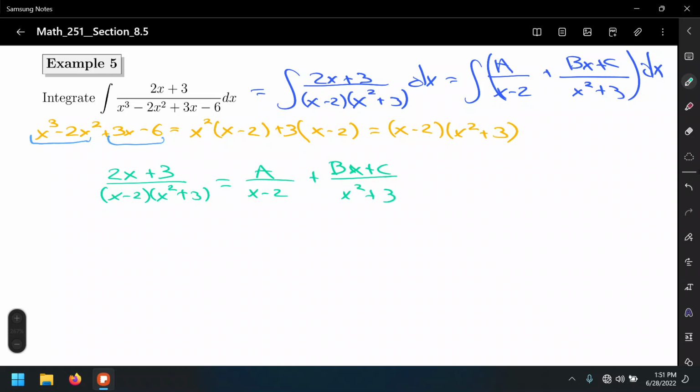And well, in this case we need to multiply by the least common denominator, in order to simplify this equation and cancel those denominators. So that LCD will be itself x minus 2 times x squared plus 3.